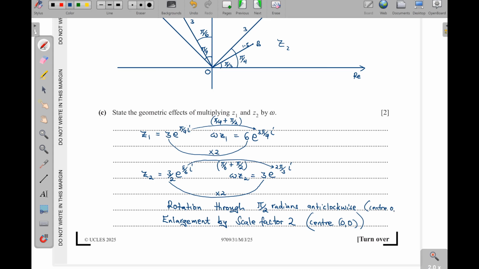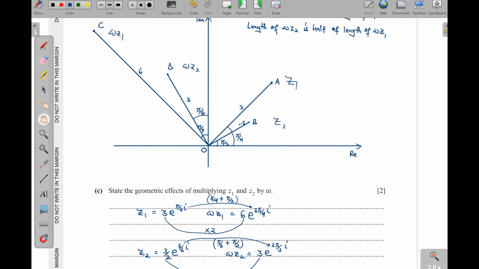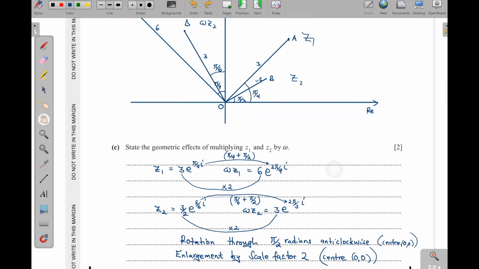The center is still (0, 0). This one is optional. So you have to tell us when you are rotating, are you rotating clockwise or anti-clockwise? You can easily see that this one was transformed into this. It is an anti-clockwise movement. This one here was transformed into this. It is also an anti-clockwise movement. So that is what we are having there.